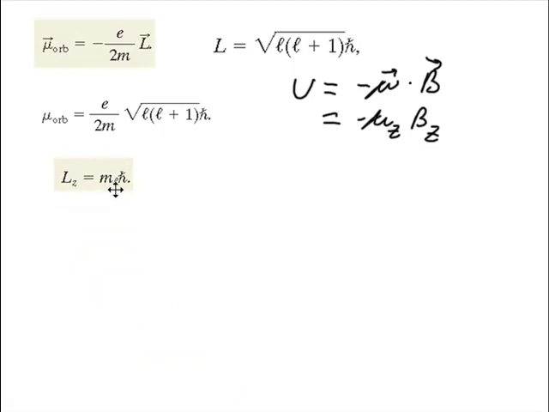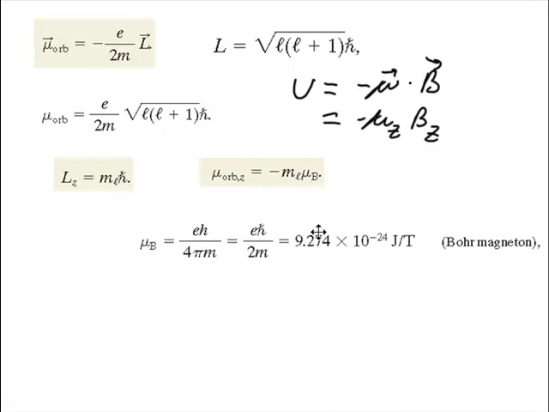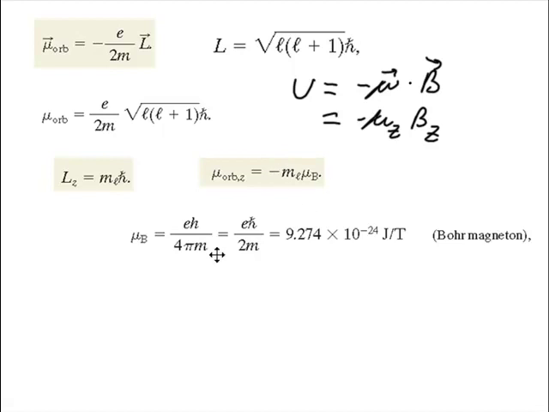Well, that's just the magnetic quantum number, m sub l, times h bar, which means the component of the magnetic dipole moment along the axis is just minus m sub l times what's called the Bohr magneton, which is just a convenient way of putting together this e over 2m and the h bar. So it's e h bar over 2m. That's the Bohr magneton. And this is its value right here: 9.27 times 10 to the negative 24 joules per Tesla.